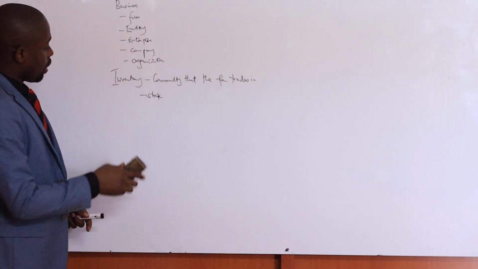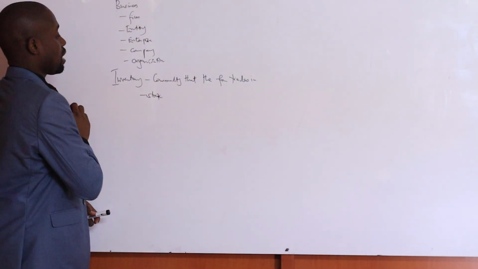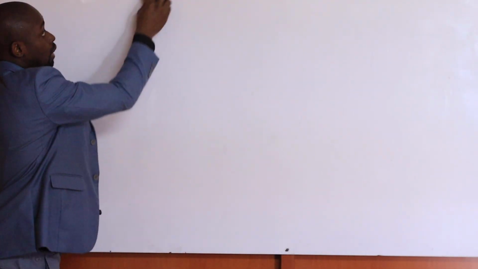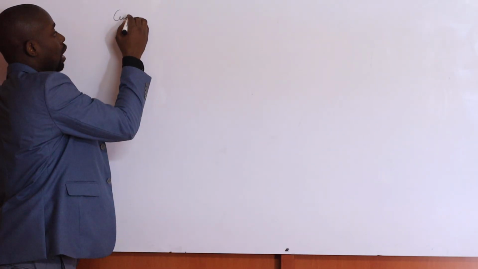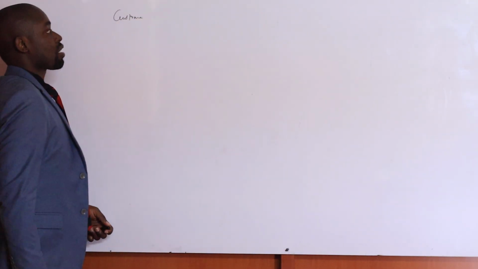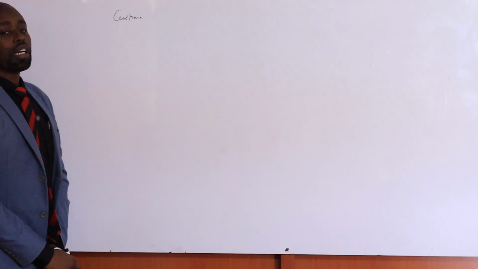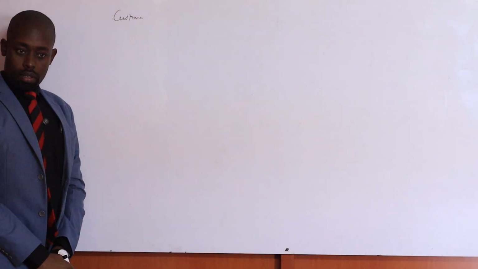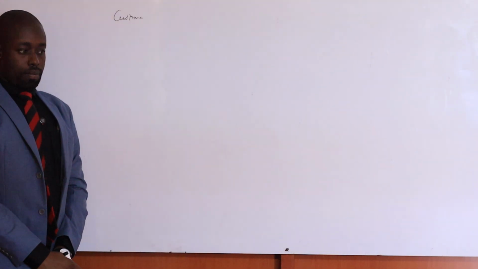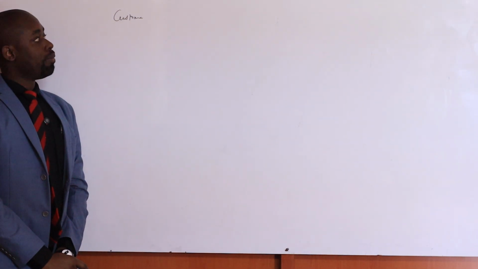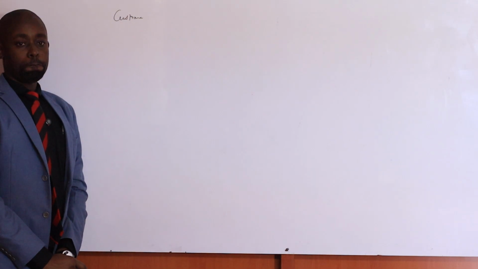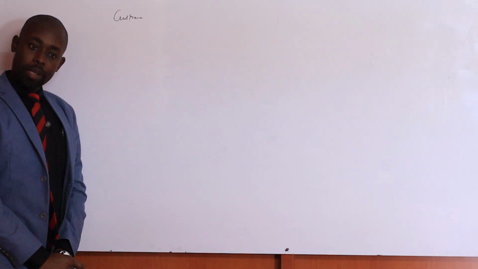And then the next terminology I want us to understand is what we call a customer. Who is a customer? A customer could be a legal person or a natural person. Legal persons are businesses or companies, whereas natural persons are human beings.